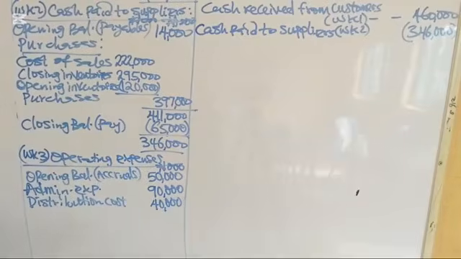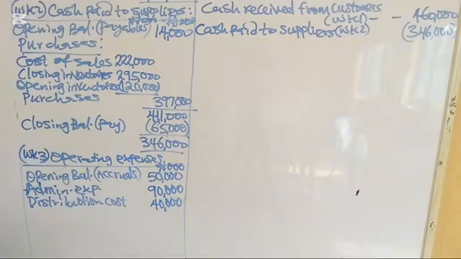Note 1. During the year ended March 2021, plant and equipment with carrying amount of 40 million was sold for 55 million. The profit or loss on disposal was charged to distribution. Is this sold at a profit or at a loss? Carrying amount is 40 million. It was sold for 55 million. Is that profit or loss?